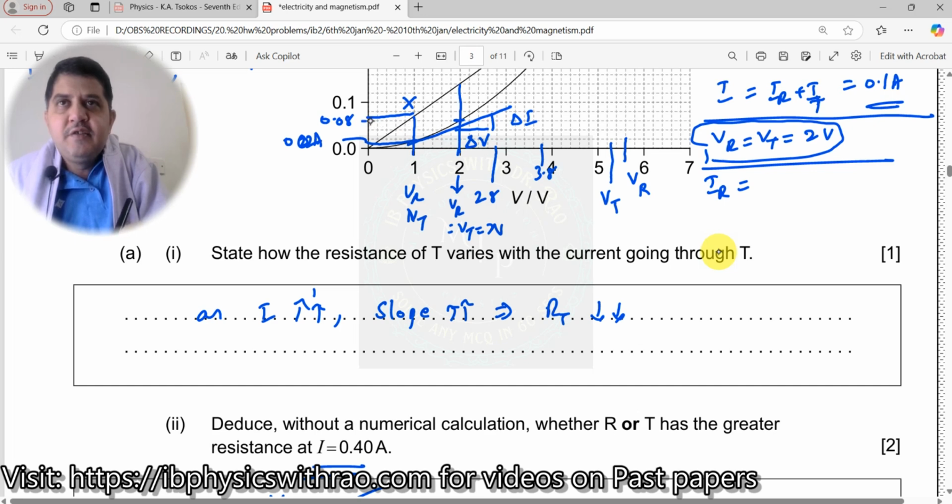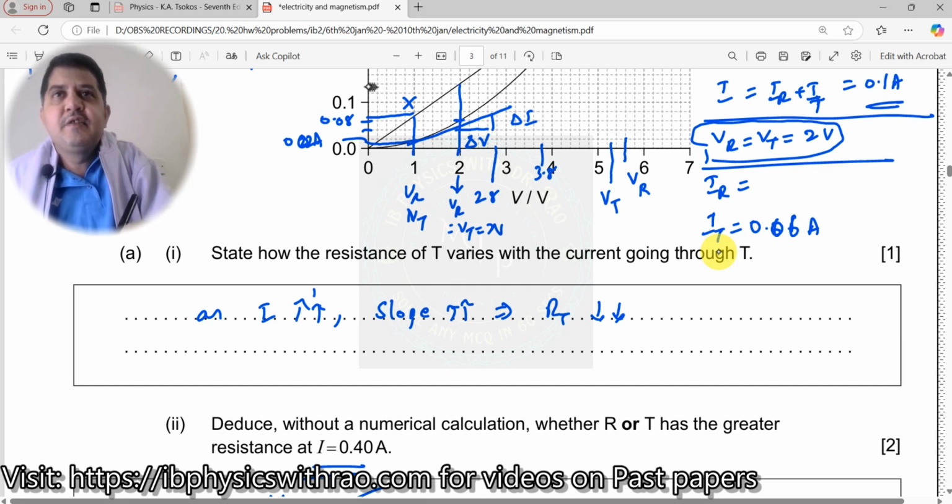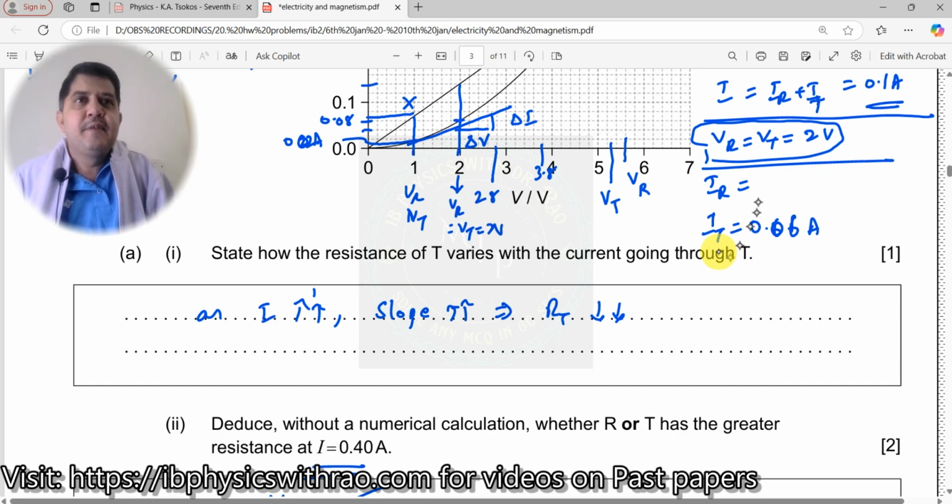This is the T curve, the non-linear one, right? The value is 0.06 ampere. And what is IT? See, this goes like this and hits here. So this value is 0.1, 0.12, 0.14. So this should be 0.14 ampere.